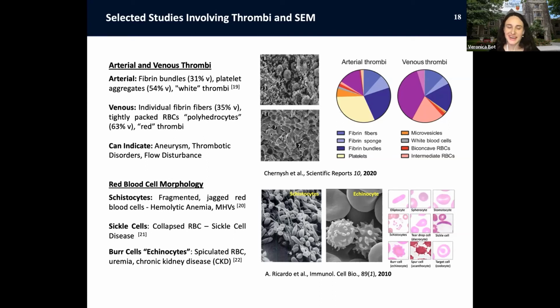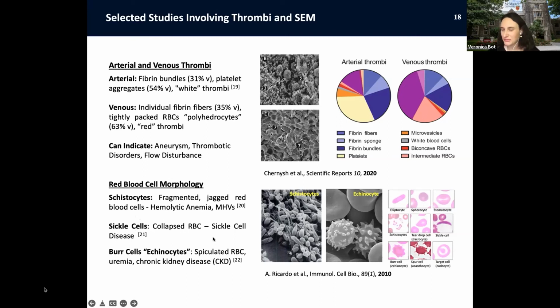In addition, we can gain insight into many disorders based on the morphology of red blood cells. So, for example, schistocytes are these disfigured, fragmented looking red blood cells. They can indicate anemia. It can also indicate hemolysis of mechanical heart valves. Sickle cells are collapsed red blood cells.